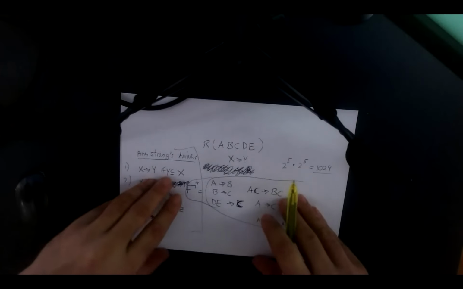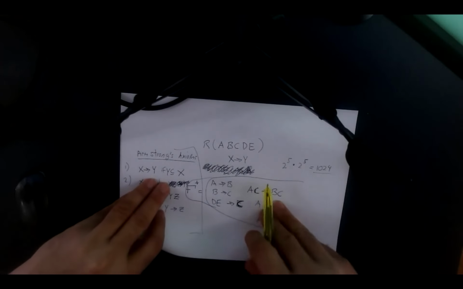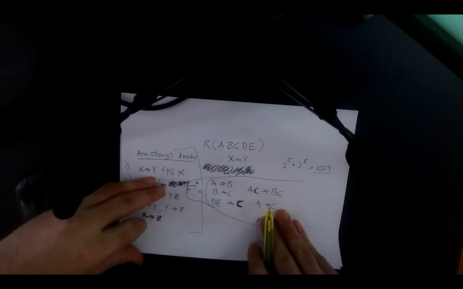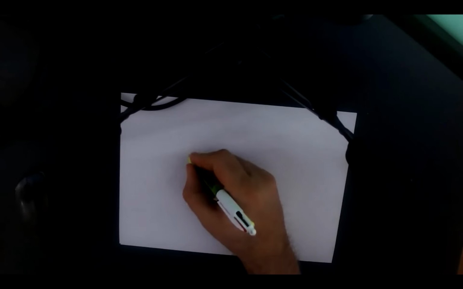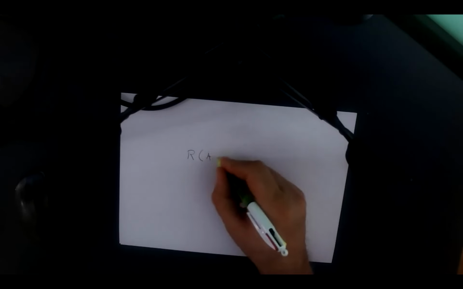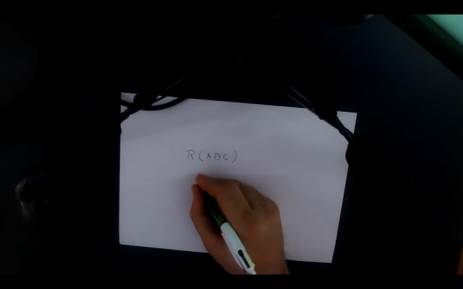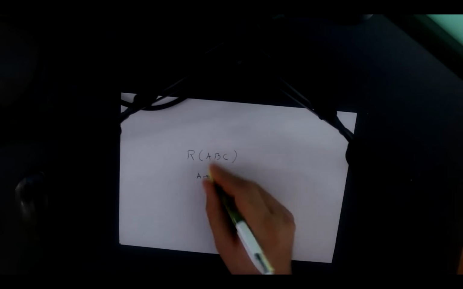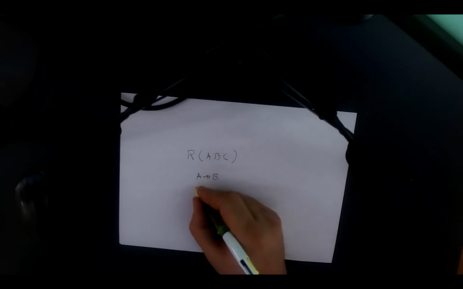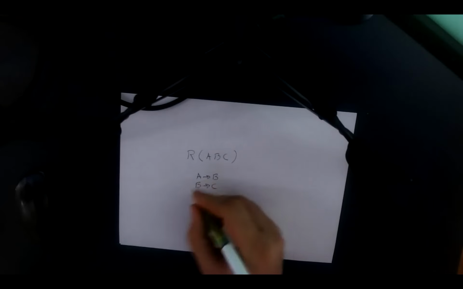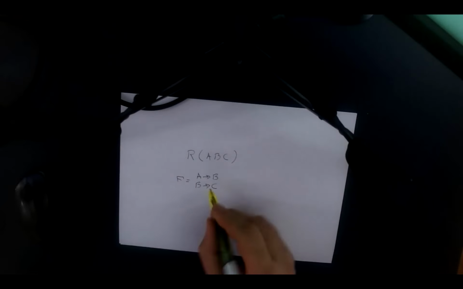So this is how we get to the heart of it. Typically, you start out with a really simple example. I have R and I have A, B, and C, and I say the following holds over this domain: A goes to B and B goes to C. That's F. That's what we're given.